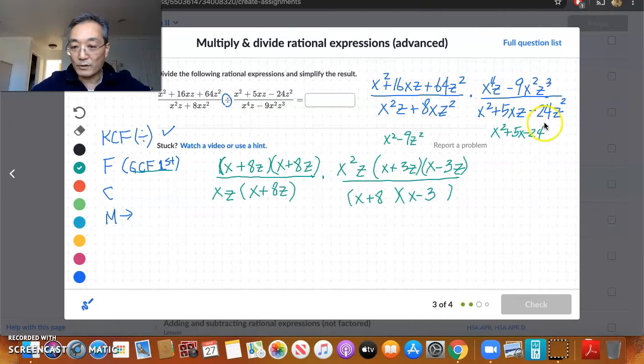However, it has a z in the middle term and a z squared in the last term. So again, all you have to do is add a couple of z's. And now everything is factored.